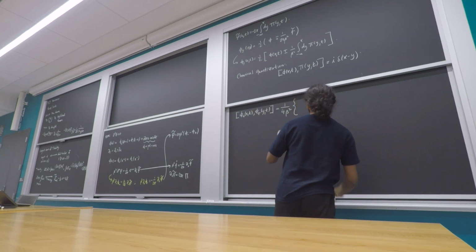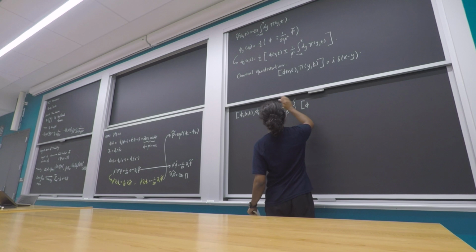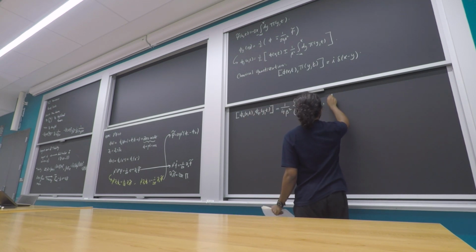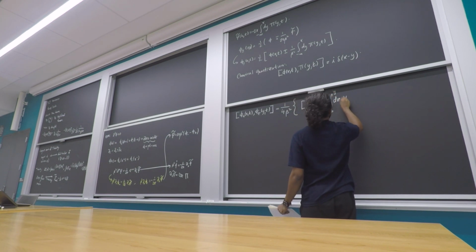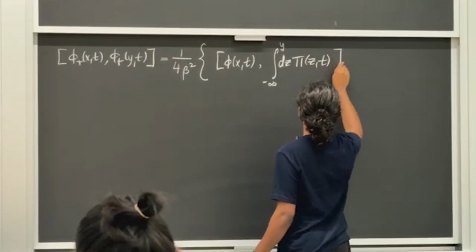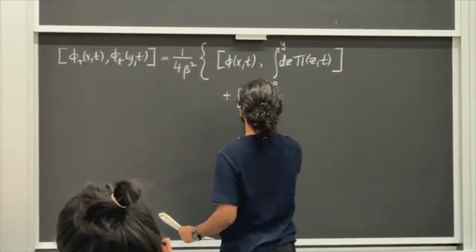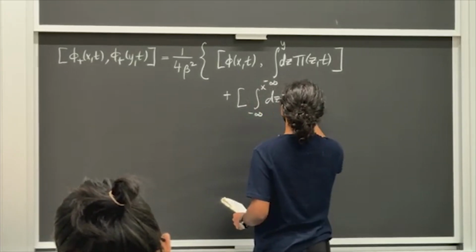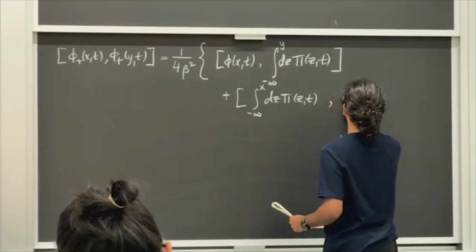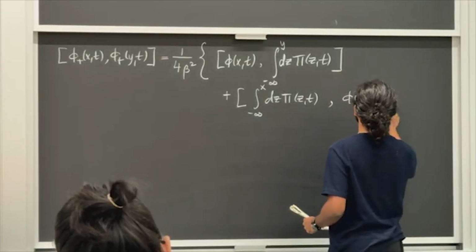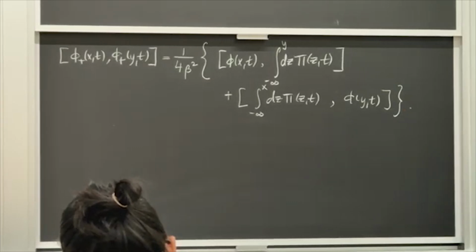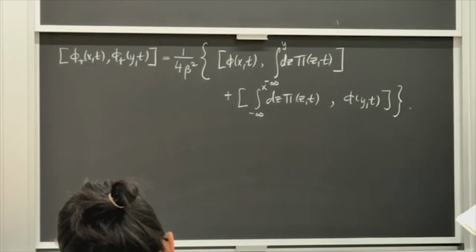Then I have two terms. From the first, I have a phi xt commutator with integral minus infinity to y dz pi zt, plus integral minus infinity to x dz pi zt commutator with phi yt. Simple enough, right?